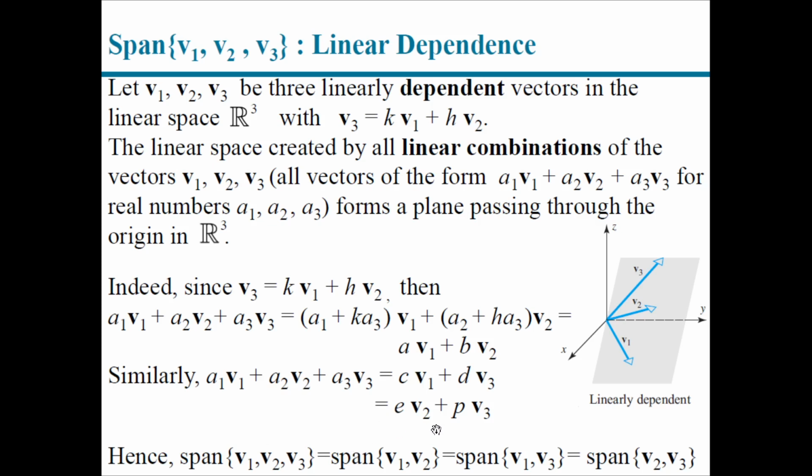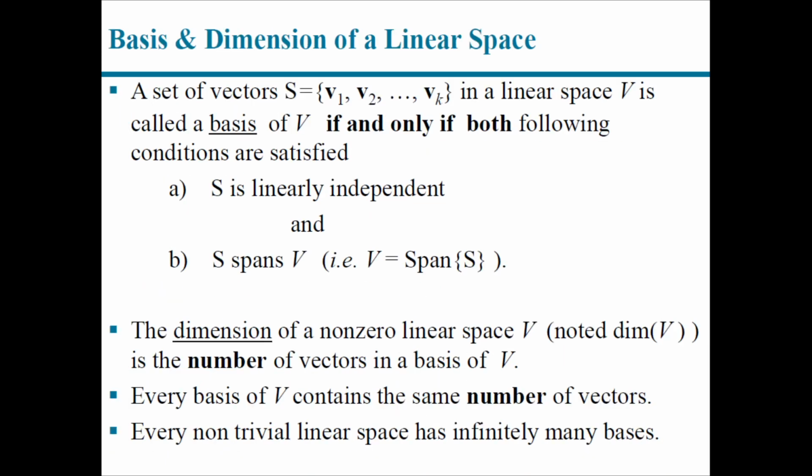So v1 and v2 are a basis by the definition. Or v1 and v3, they are linearly independent and they create a space, so they are a basis. Or v2 and v3, they are linearly independent and they create the entire space, so they are a basis. So we see that a linear space can have many, many, many bases.